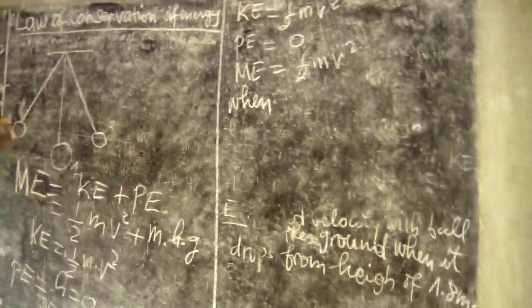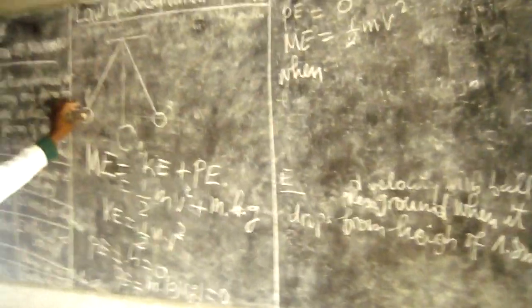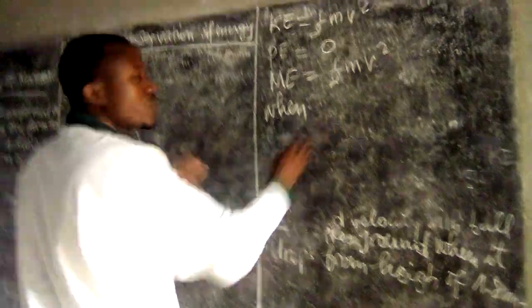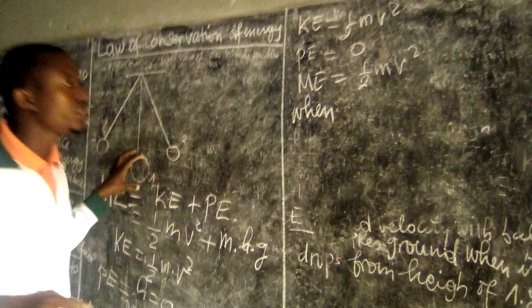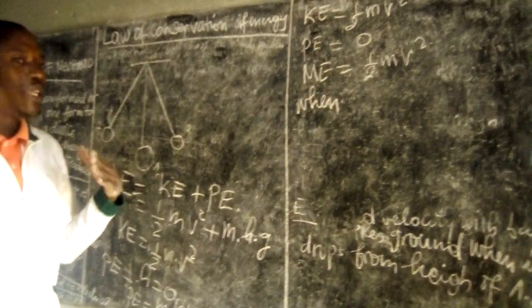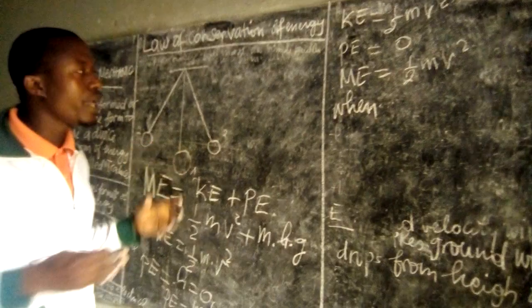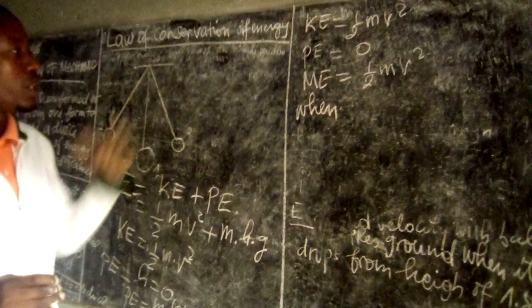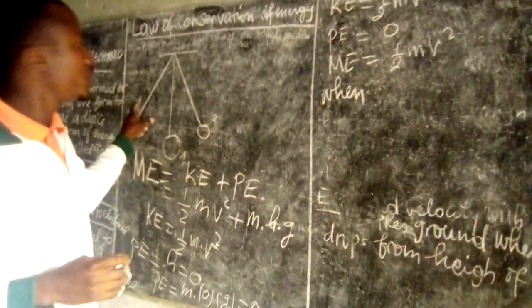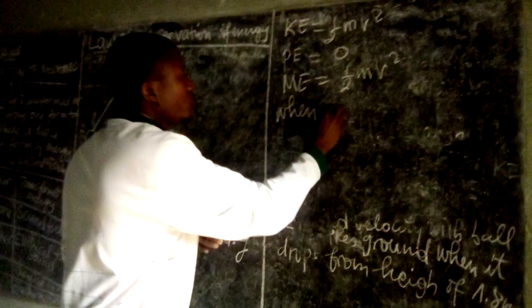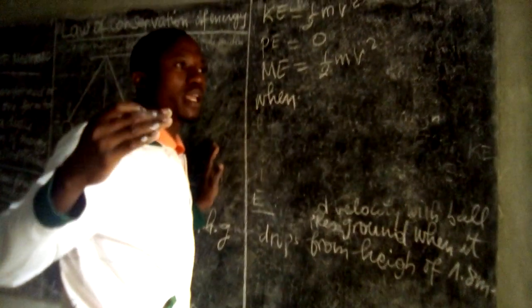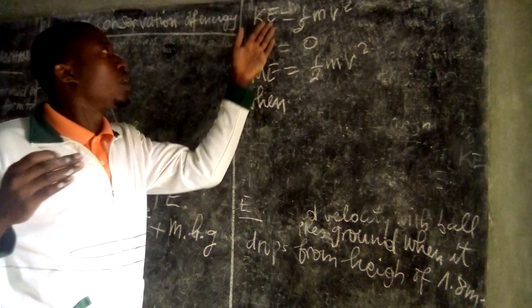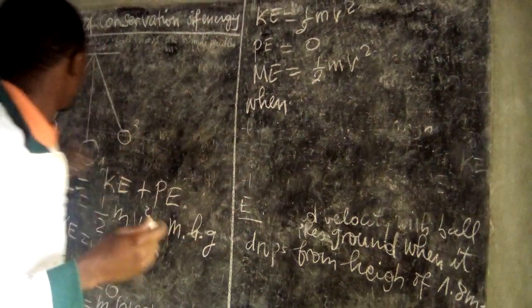When the bob moves to any position, it gets to some height, and then mechanical energy will be equal to potential energy, mass times height times gravity.